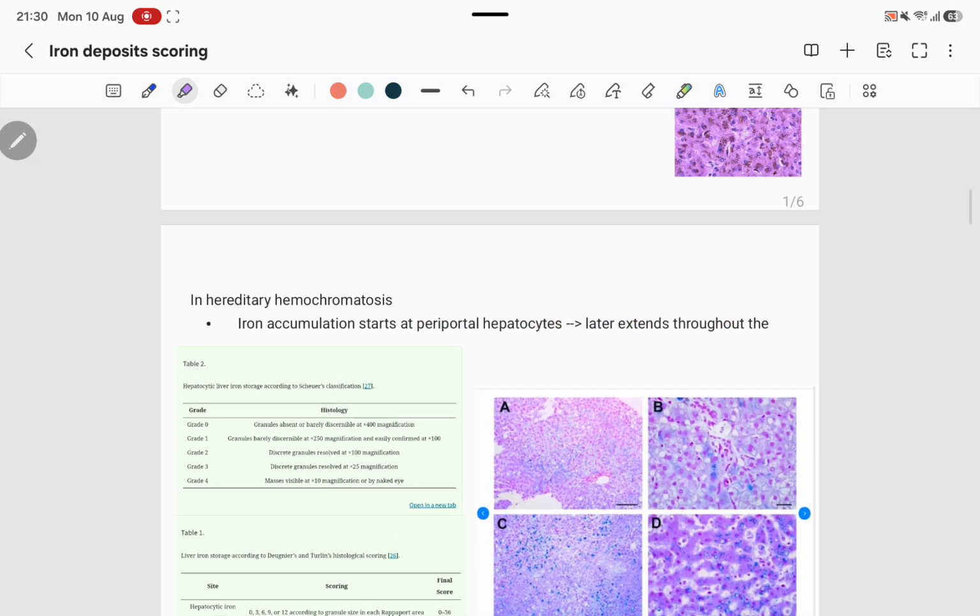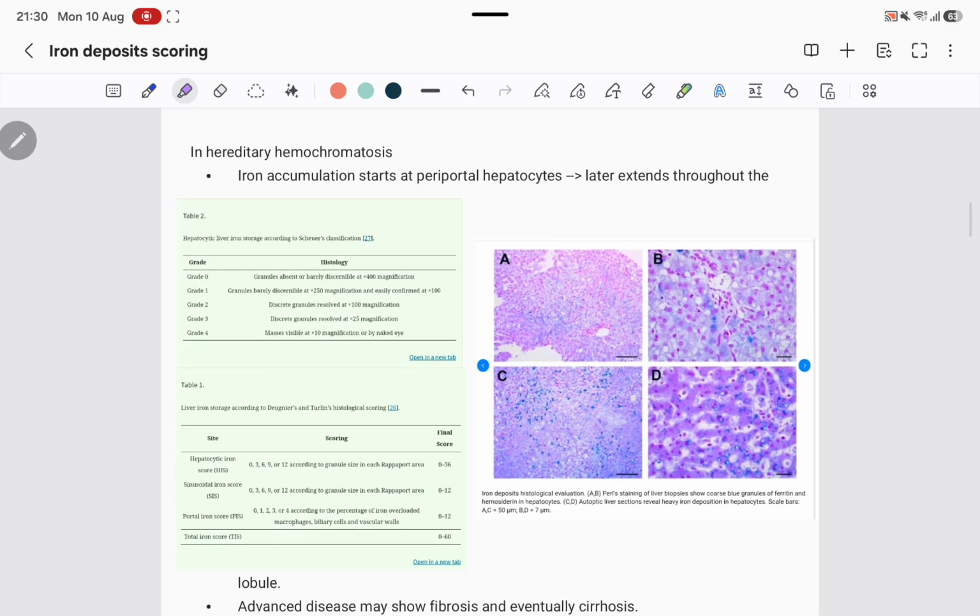This is another thing we should be aware of as we score this, because we need to look at the periportal hepatocytes at the portal tract. The portal tract is going to be at the ends of the lobules.